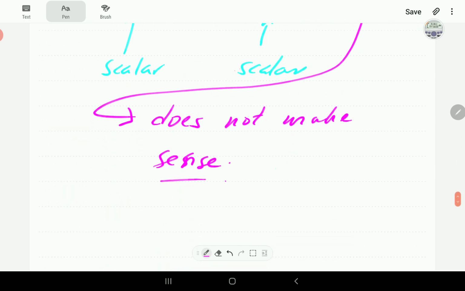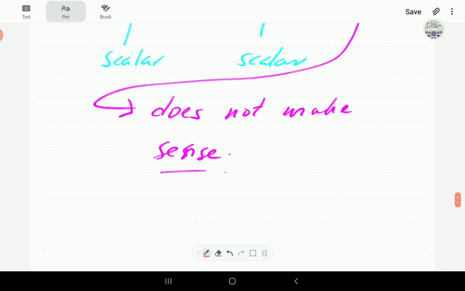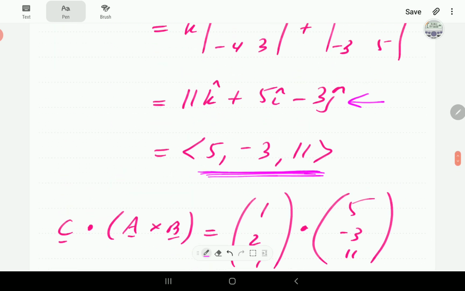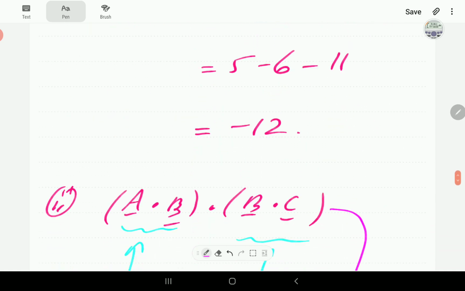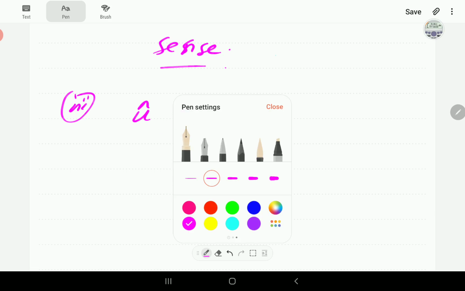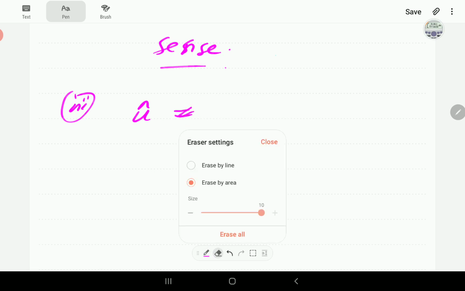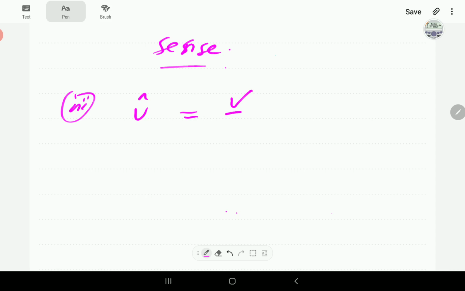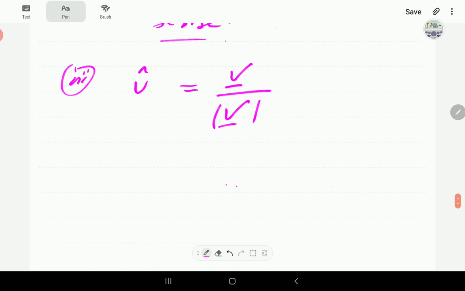Now, once we've determined the direction of the vector, which in this case is this one, if I denote it v, then the unit vector is going to be the vector v divided by the magnitude of the same vector.